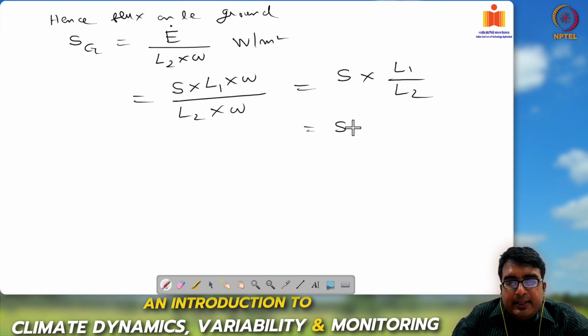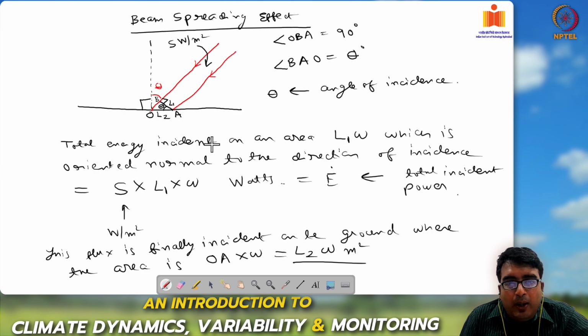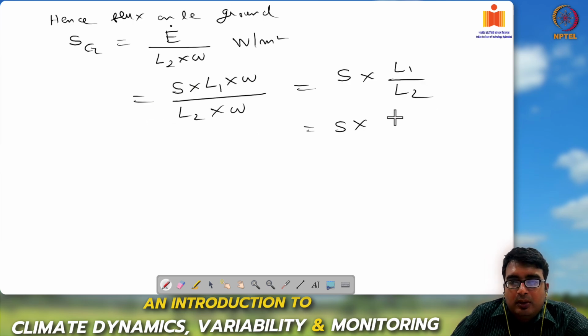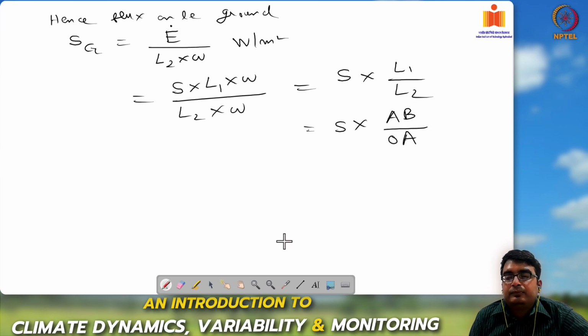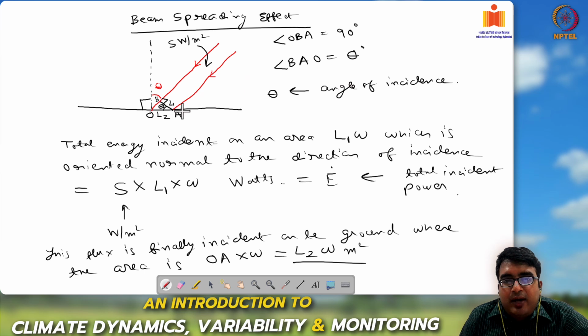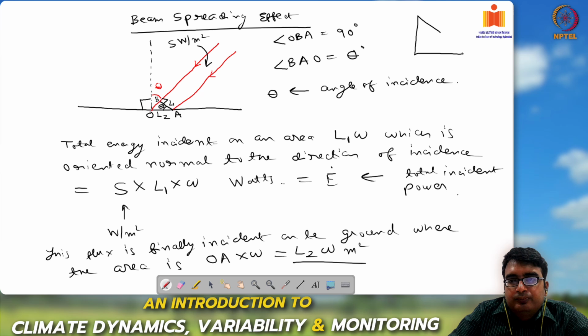Which basically means it is S into, what is L1? This length AB, and what is L2? This length OA. So AB by OA. Now in this triangle, let us draw this triangle now. This is the vertex B, this is the vertex A, this is the vertex O. This is 90 degrees.